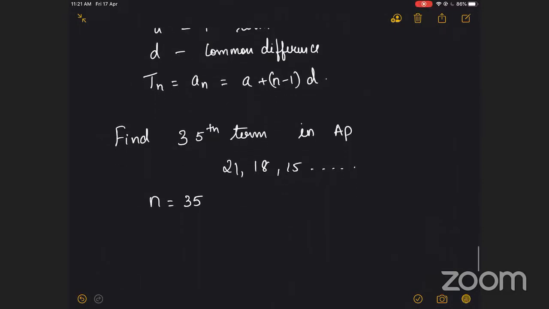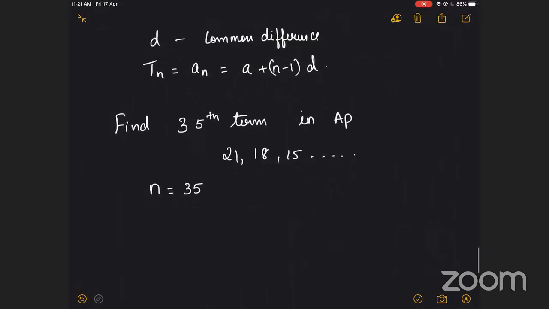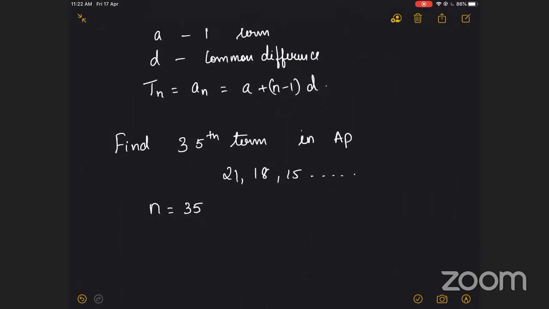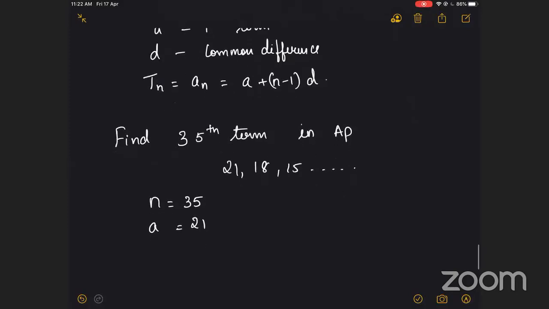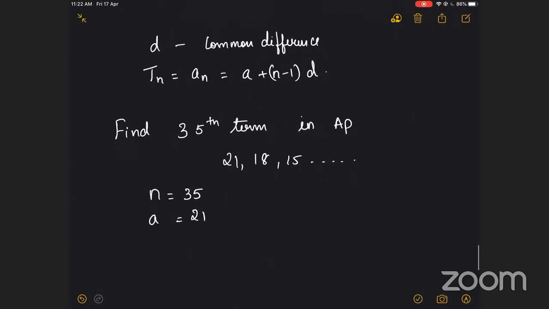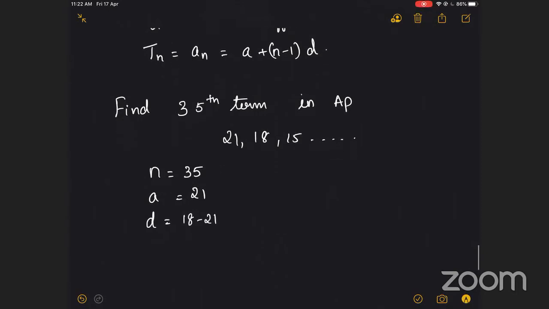What is A that we have? A is 21. What is the common difference? 18 minus 21 or 15 minus 18, which is minus 3.